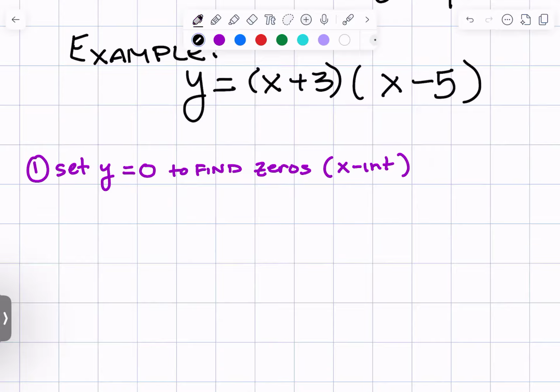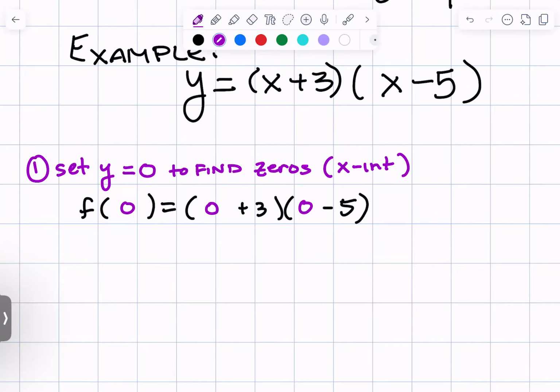So if I do that, I'm getting f of 0 equals 0 plus 3 times 0 minus 5. We're going to plug in.